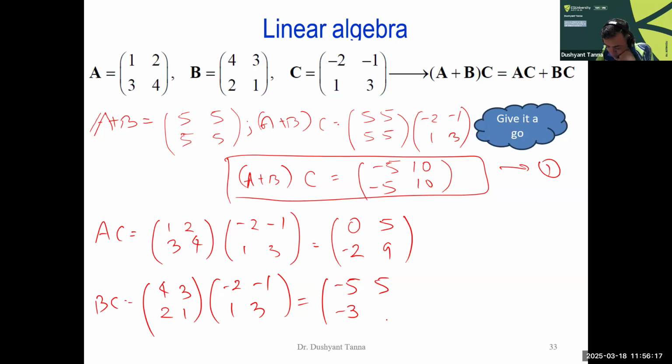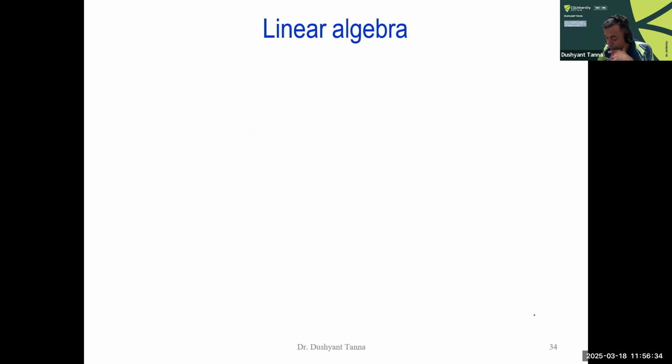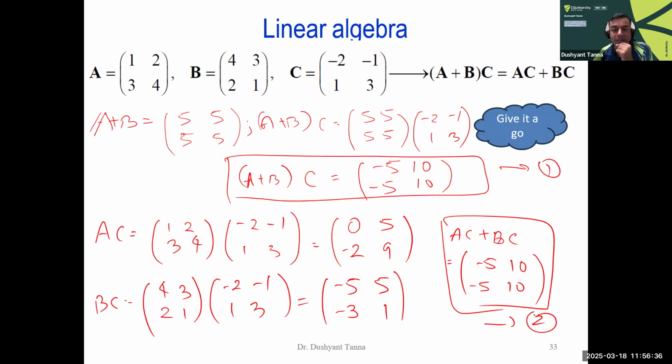Minus 2 plus 3, so that's a 1. So the moment I do AC plus BC, add them together, that would be minus 5, 10, minus 5, 10. So AC plus BC is that. Result 2. From 1 and 2, we can confirm that this result is verified.